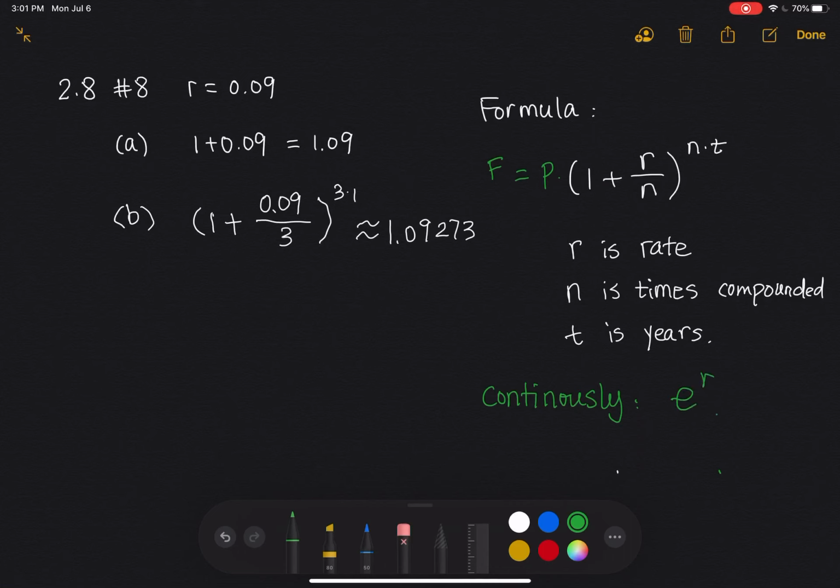So what you need to do for part C is just e to the 0.09. So again, use a calculator, 1.09417.